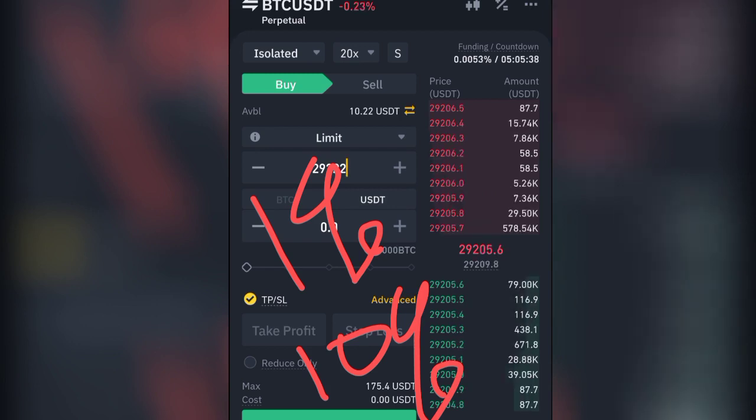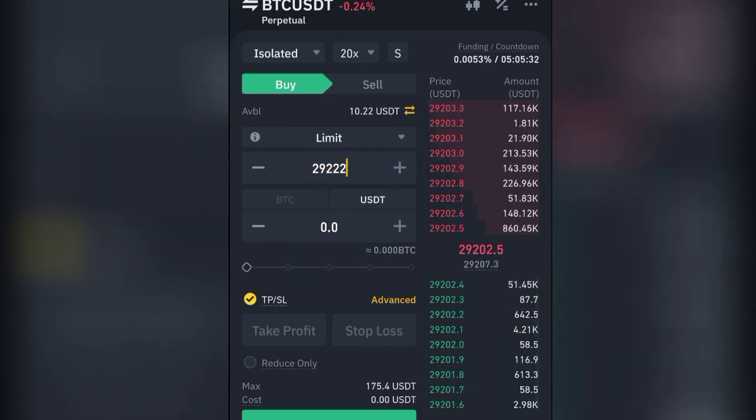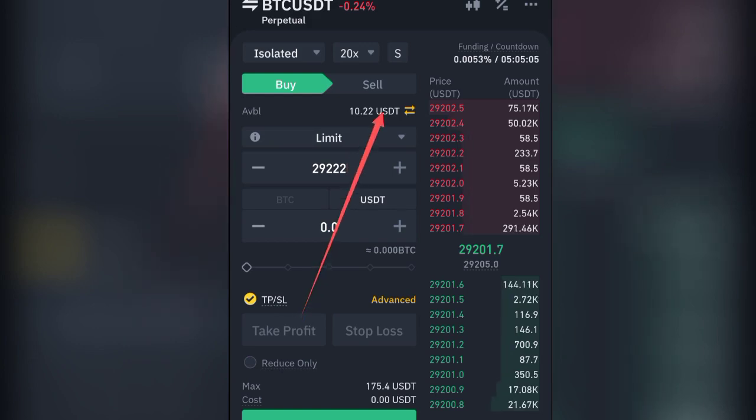But the bad thing about it is that it can also make you lose a lot of money, just as I explained earlier on. So how can this make you lose a lot of money? Remember, I told you that if Bitcoin makes just a 1% upward movement, you are going to be making 20% or 10%, depending on the leverage you are using. Now, if the trade goes against you, let's assume that instead of BTC going up as you speculated, it turns and goes downwards.